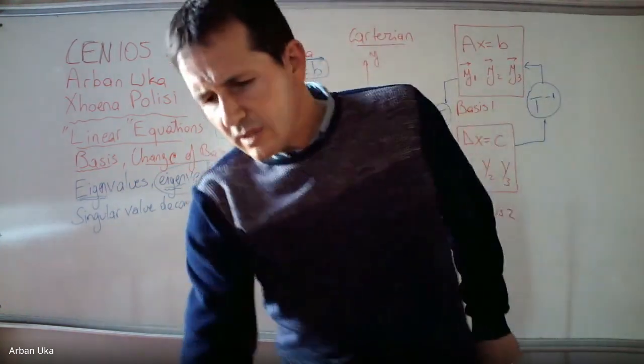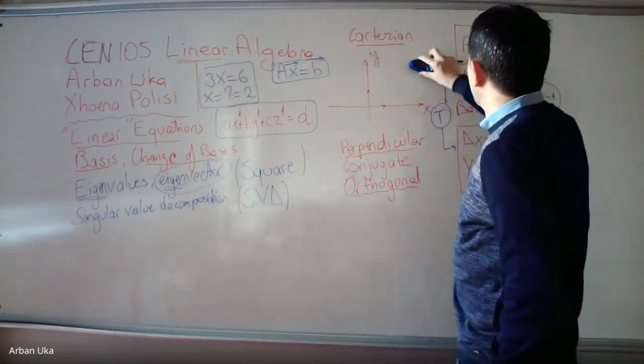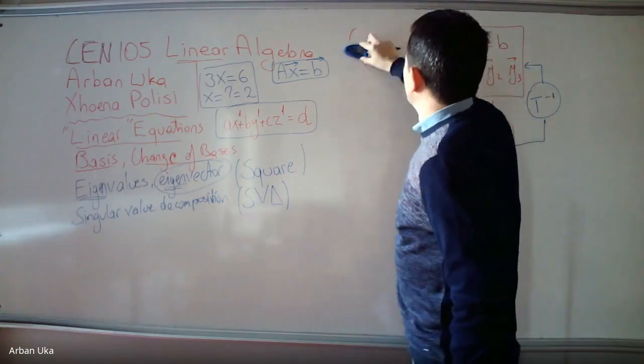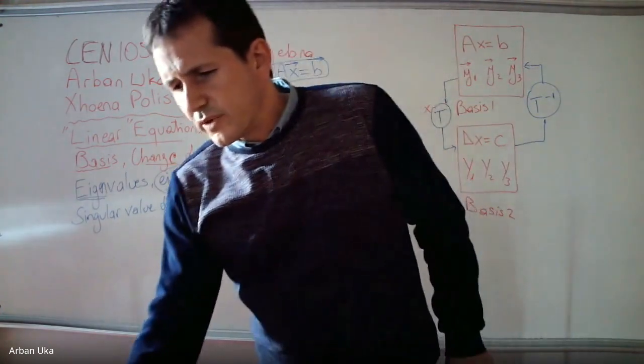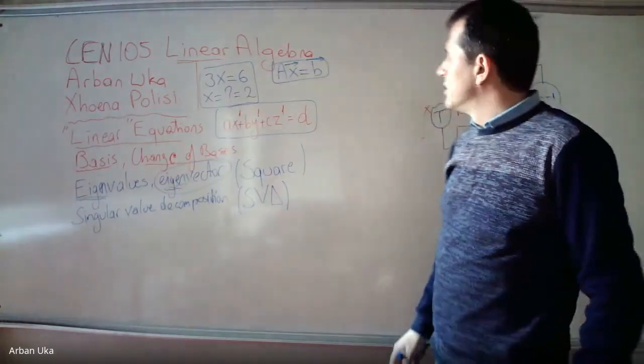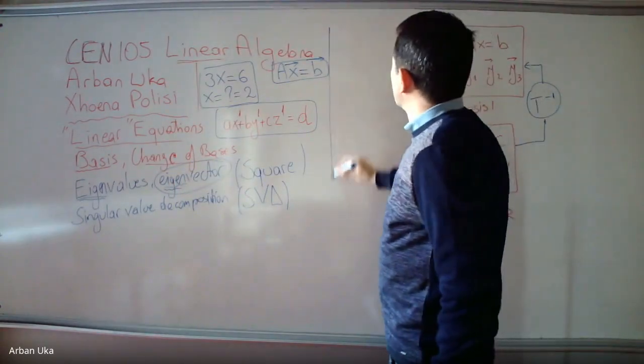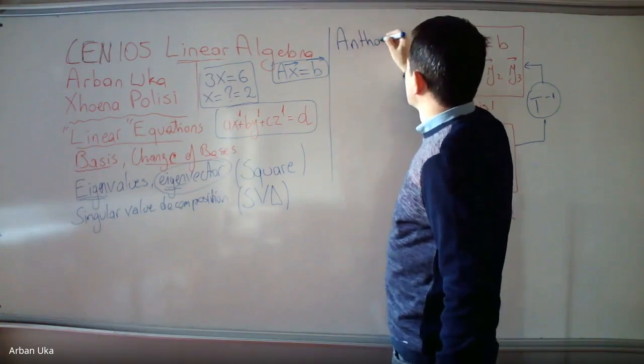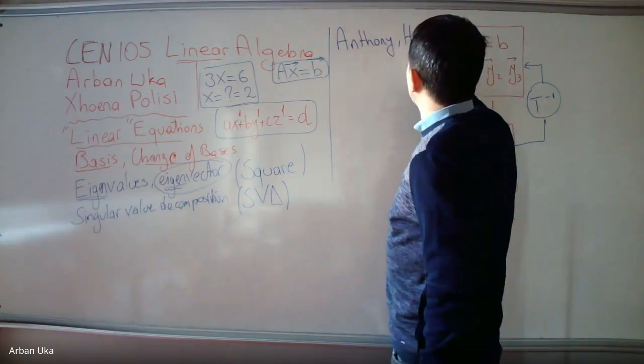The next important information is the textbook that we're going to follow. There are many classical textbooks used for linear algebra. For this semester, we have selected linear algebra written by two authors, Anthony and Harvey.